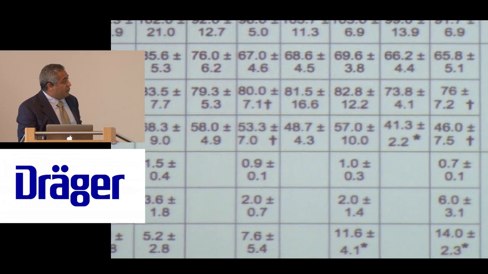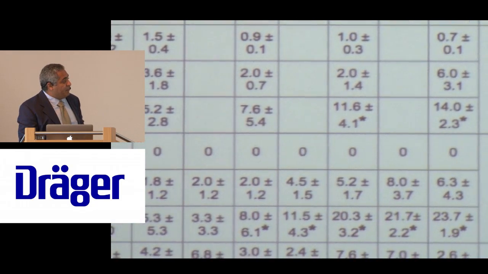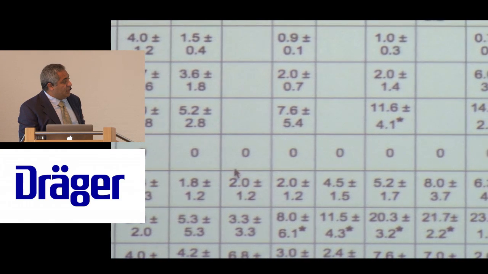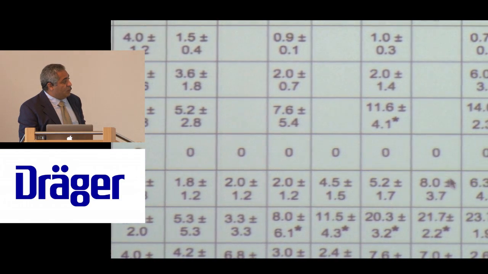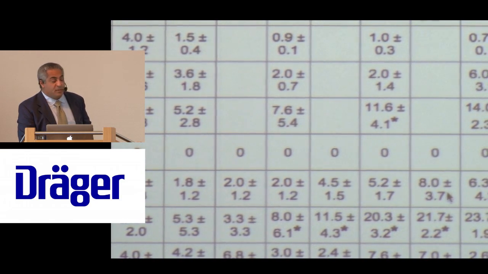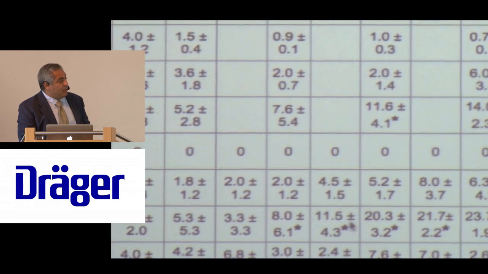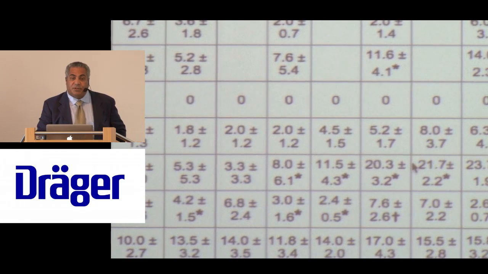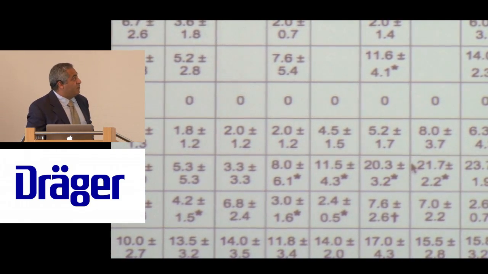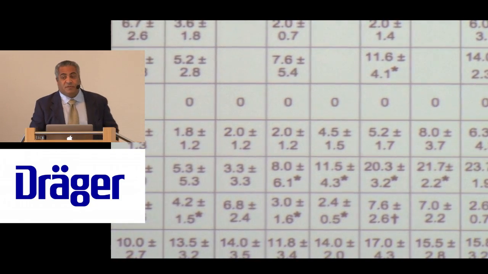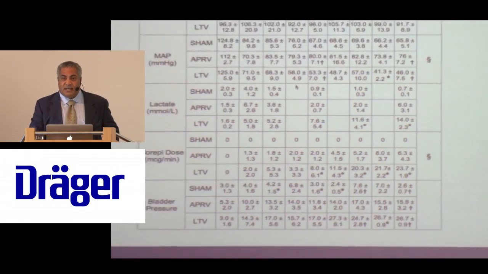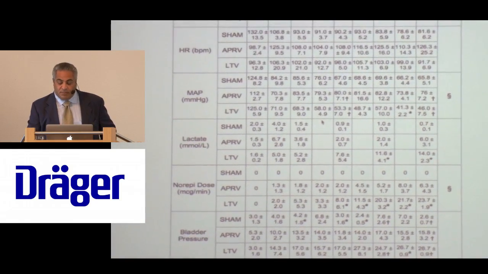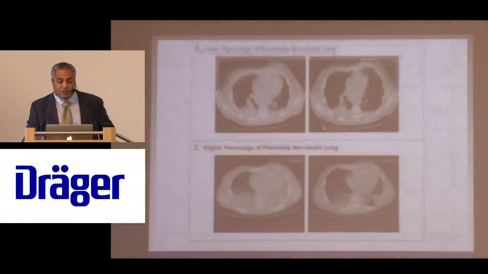And if you come down to the norepinephrine dose, you can see that single-digit norepinephrine. Here you're into double-digit norepinephrine. So more norepinephrine for a lower mean arterial pressure in low tidal volume versus APRV in terms of hemodynamics. And again, in my view, it's not as simple as what's the pressure in the lung.